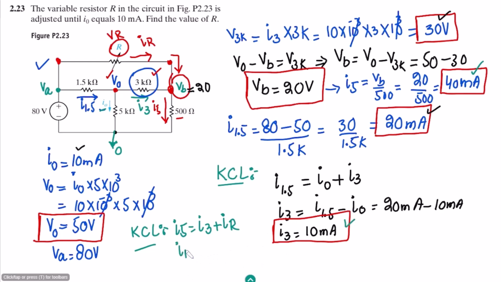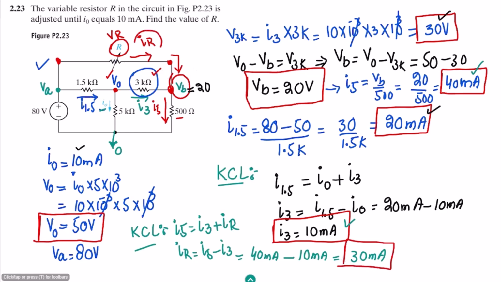So the value of IR is I5 minus I3. Let me put these values. So I5 is 40 milliamps, and the value of I3 is 10 milliamps. So we will get 30 milliamps here, and that is the value of the current which is flowing through this resistor. This IR is known.